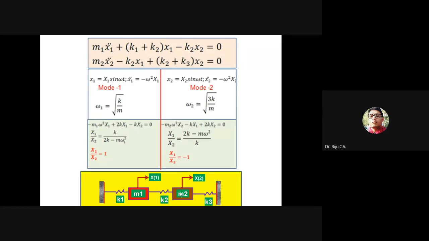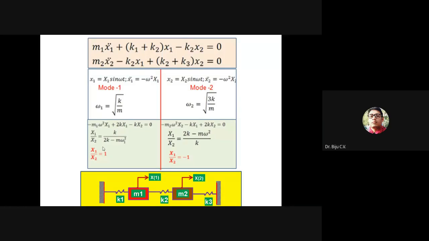M1 and M2 may be connected as a rigid bar, moving together towards right, and after that it is coming back. How can you interpret it coming back? Because x1 can be -1 and x2 can also be -1. Then there also the x1 by x2 value will be 1.